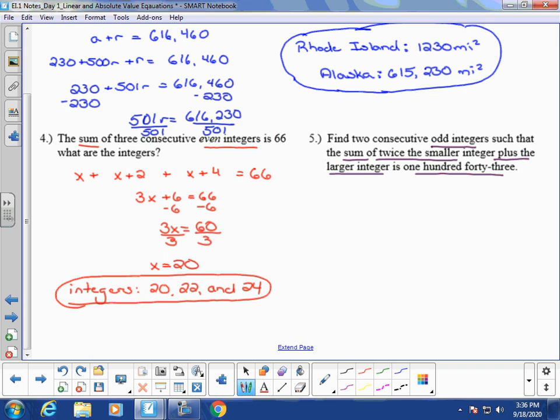So our smaller one is going to be x. So the sum, 2x, twice the smaller. Sum means to add, so plus the larger integer, which would be x plus 2, because remember, we're skipping a number there if we're going from odd to odd, and it equals 143.